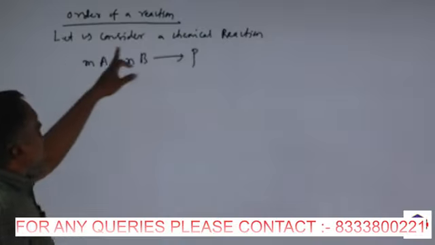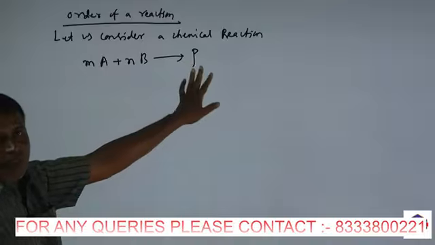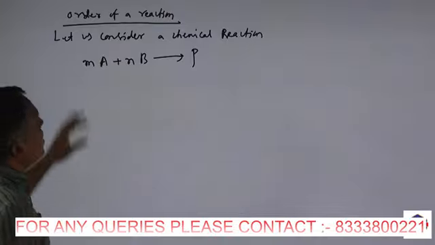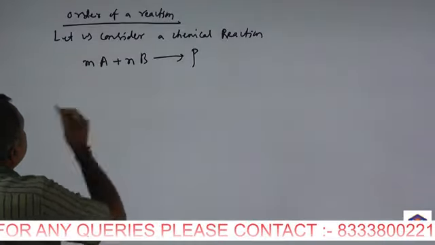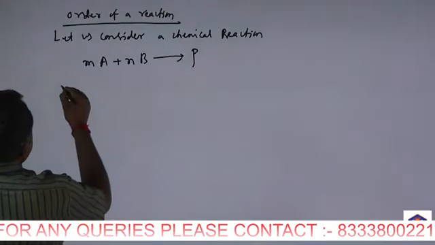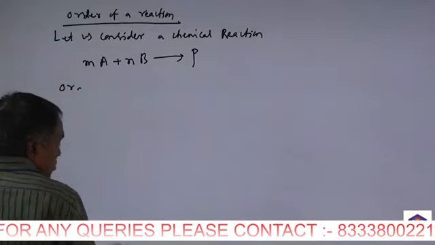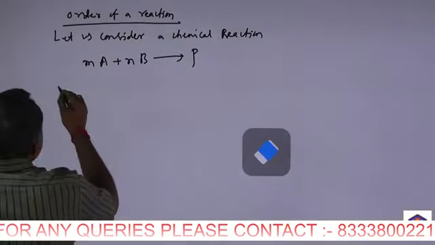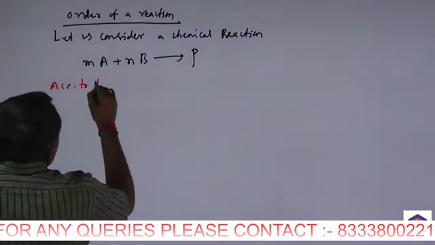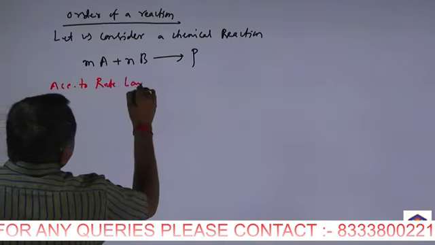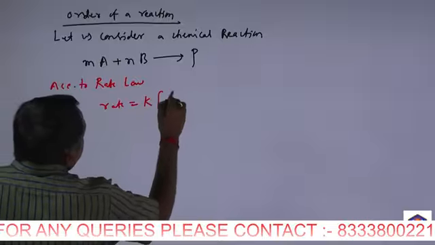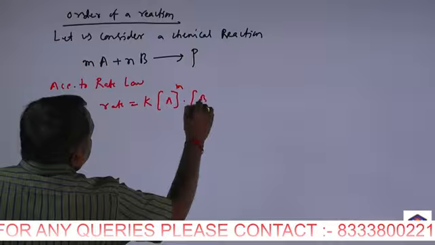Okay. So let us consider a chemical reaction: mA plus nB gives product P. This is one chemical reaction now. So for this, how can we calculate the order of a reaction? To determine the order, first you should know what is meant by order. So order is defined as, according to rate law, rate is equal to one constant k into [A] power m and [B] power n.